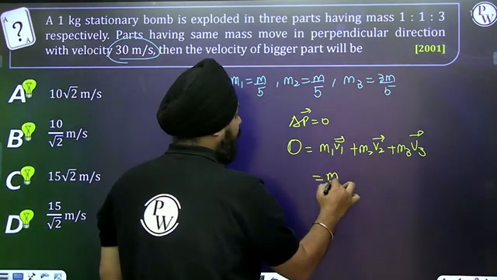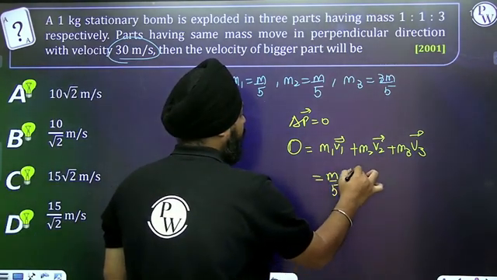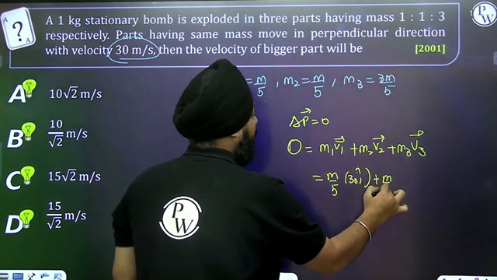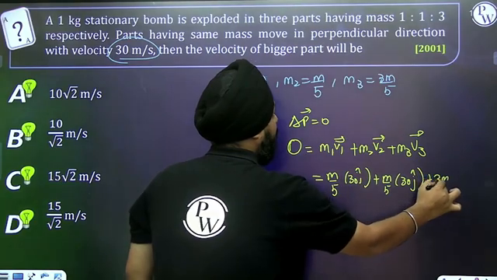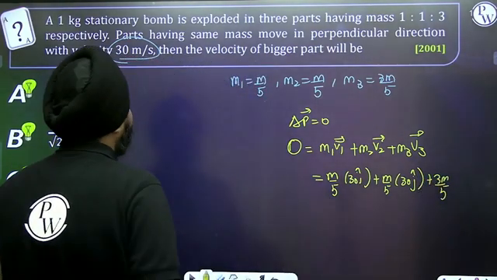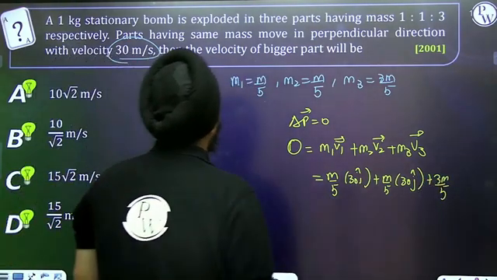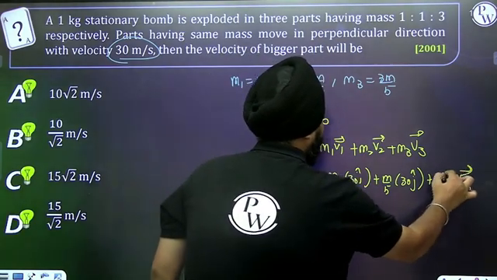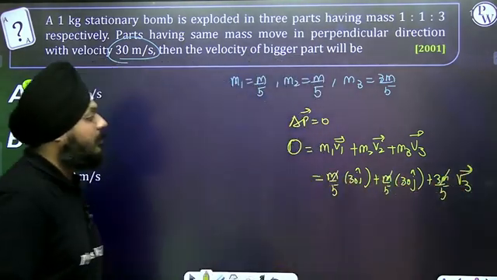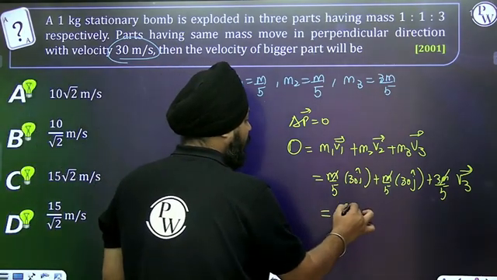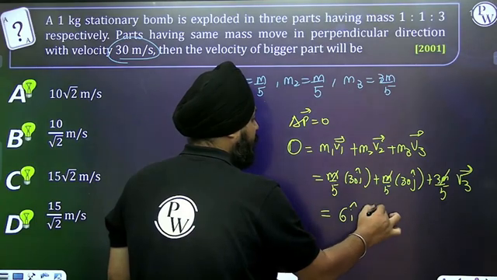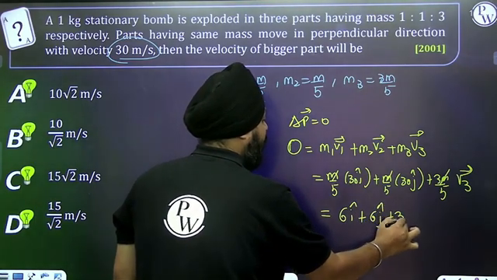So it's m by 5 into 30 i plus m by 5 into 30 j plus 3m by 5 v3. What is the v3 we need to calculate? m is going to get cancelled. So this is going to be 6 i plus 6 j plus 3 by 5 of v3.